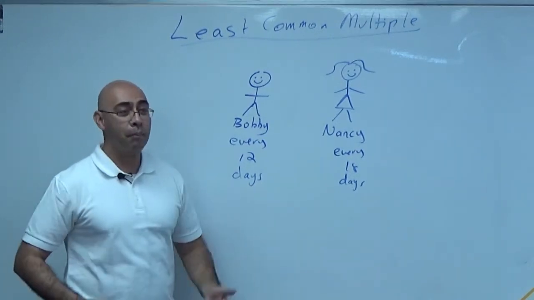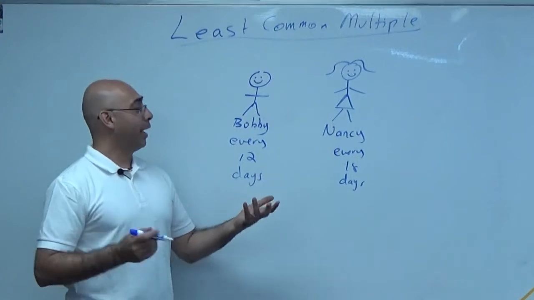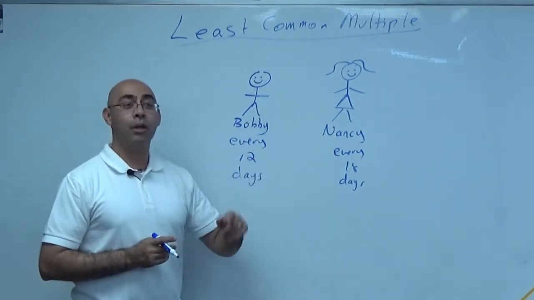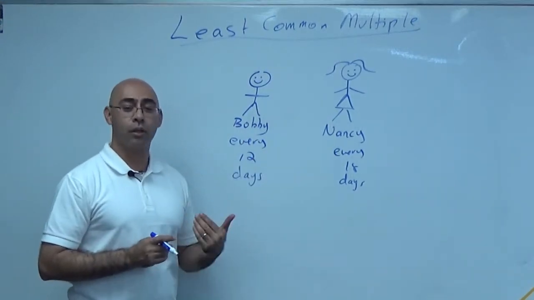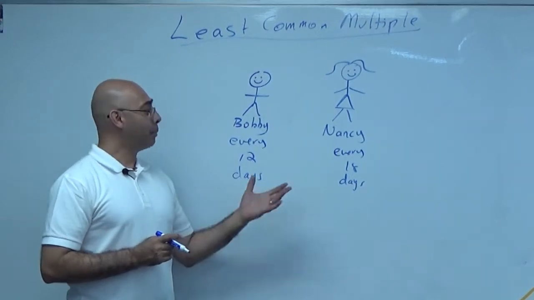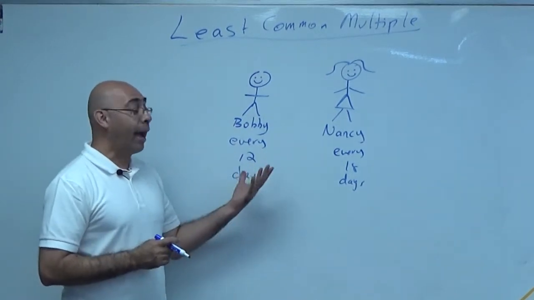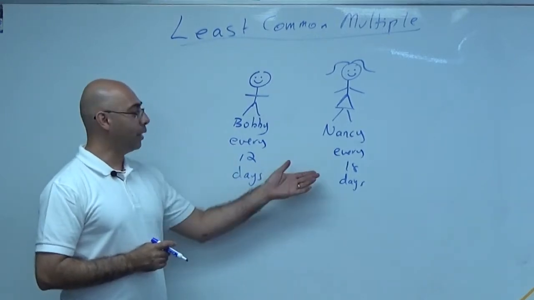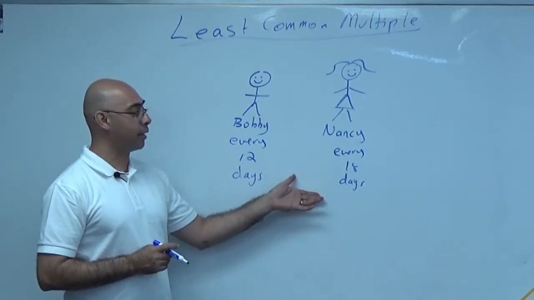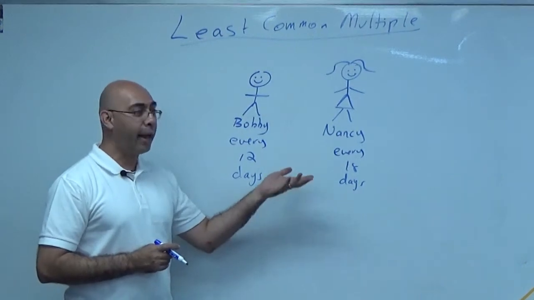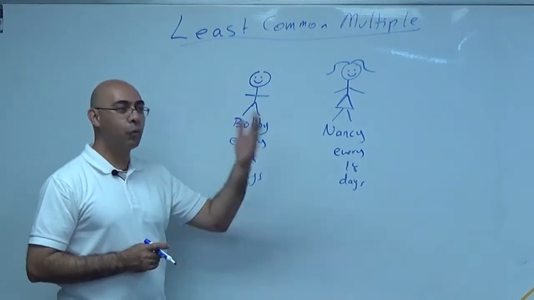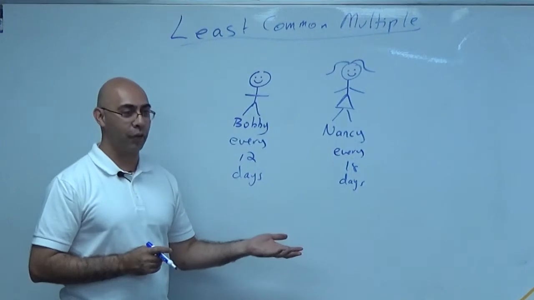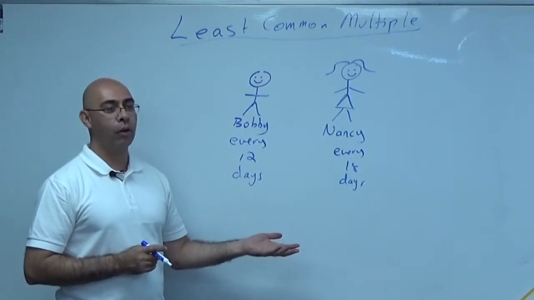I don't have time to get out my phone to get your phone number. And Bobby's like, don't worry about it. I walk past this house every 12 days. Nancy says, well, that's great. I come here every 18 days. How can we figure out the next time we run into each other? Well, let me show you how.